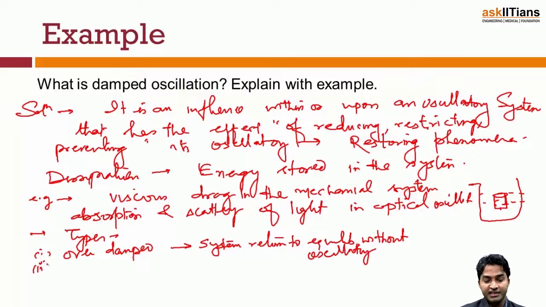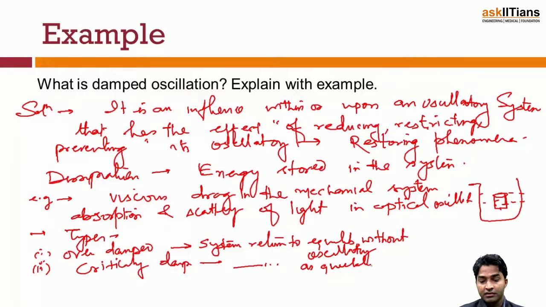The second type is critically damped. The system returns to equilibrium as quickly as possible without oscillating. And the third type is underdamped.